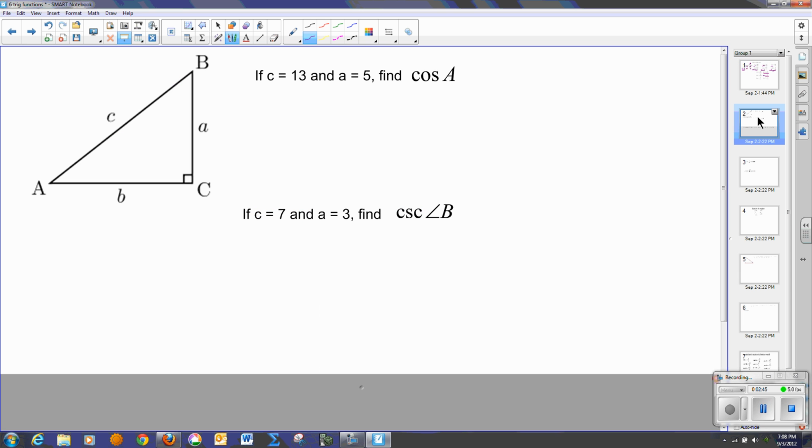So let's start by finding some ratios. I'm given a triangle in which the hypotenuse of that triangle is 13, and I have some angle A and its opposite side, and I'm asked to find the cosine of the angle A. Now the cosine of an angle is the adjacent over the hypotenuse.